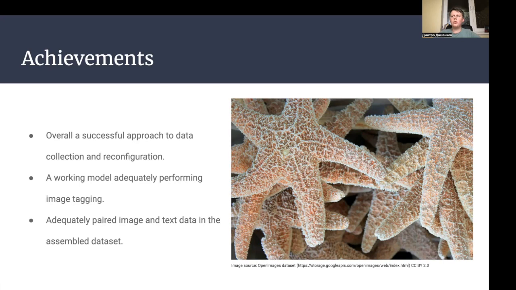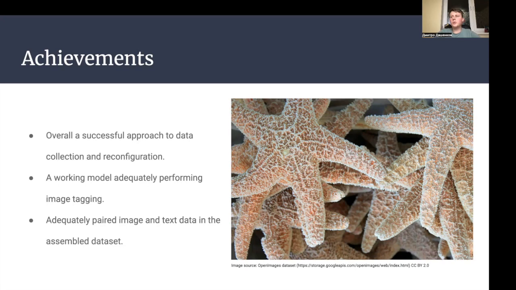So let's walk over some of the achievements that we have gained in the process of this research. First of all, we consider that the approach to collecting and reconfiguring data in such a way is quite successful, as shown by the model, which, as we think, performs quite adequately. Of course, it has negative examples in which the model doesn't perform well, but that is to be expected.